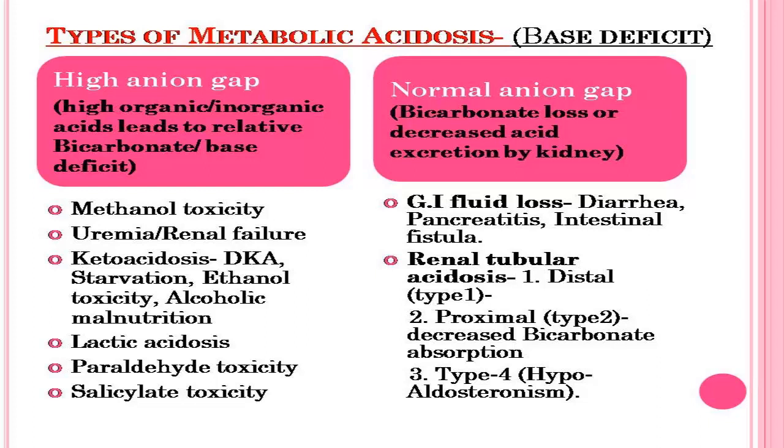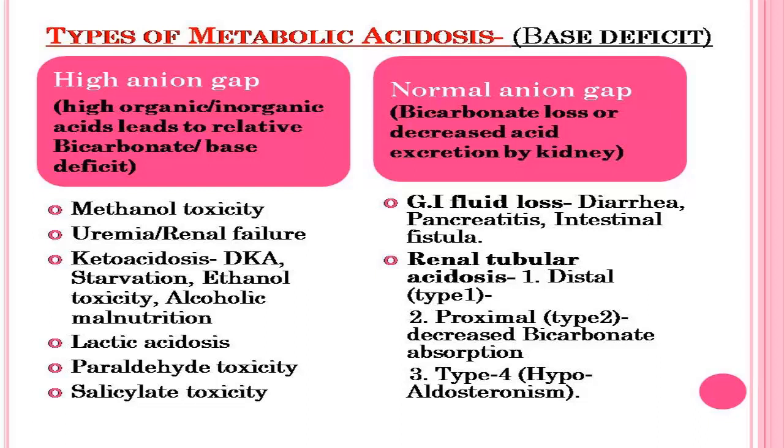And another cause of the normal anion gap metabolic acidosis is renal tubular acidosis. Now there are many types of renal tubular acidosis, 4 types, but remember type 1, type 2 and type 4. These 3 types are associated with normal anion gap metabolic acidosis.